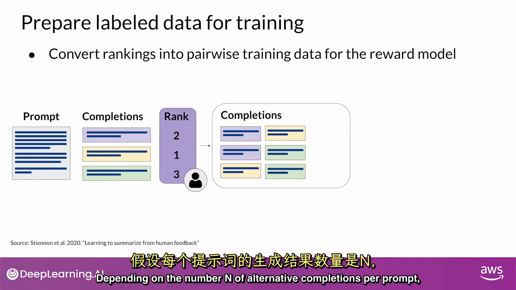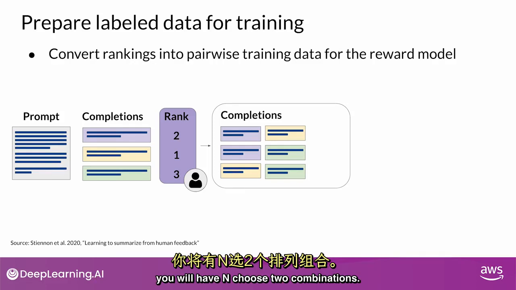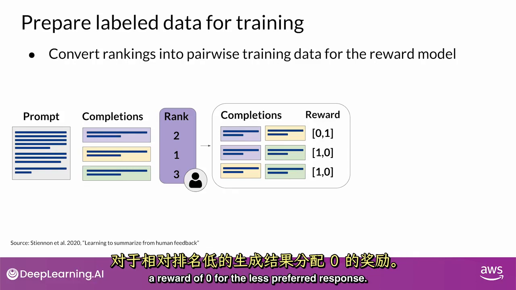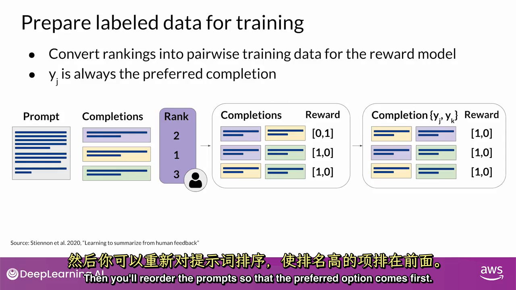Depending on the number n of alternative completions per prompt, you will have n choose 2 combinations. For each pair, you will assign a reward of 1 for the preferred response and a reward of 0 for the less preferred response. Then, you'll reorder the prompts so that the preferred option comes first.